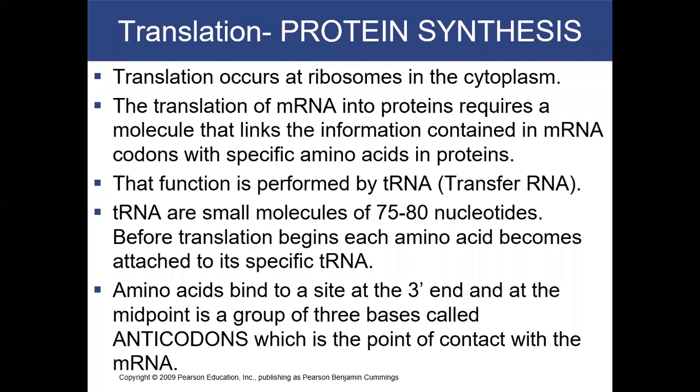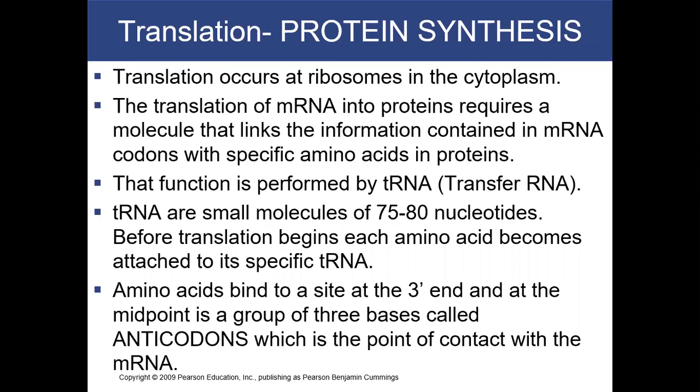And we say that the transfer RNA is being charged. In order for it to be charged with the correct amino acid, it has to go through a processing itself, and we'll look at that in a few, right? Now, the amino acids bind to the 3' end, which I'll show you in the illustration right after this.